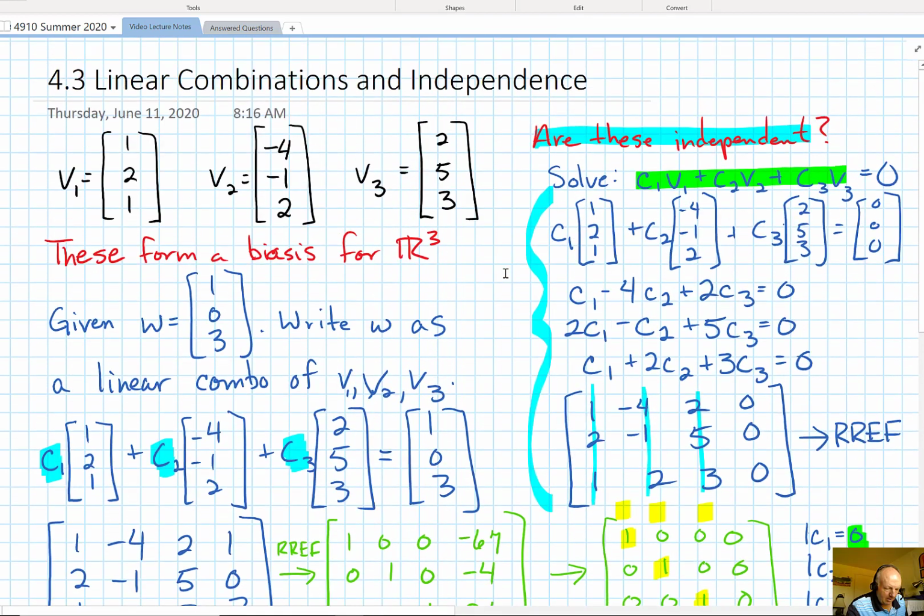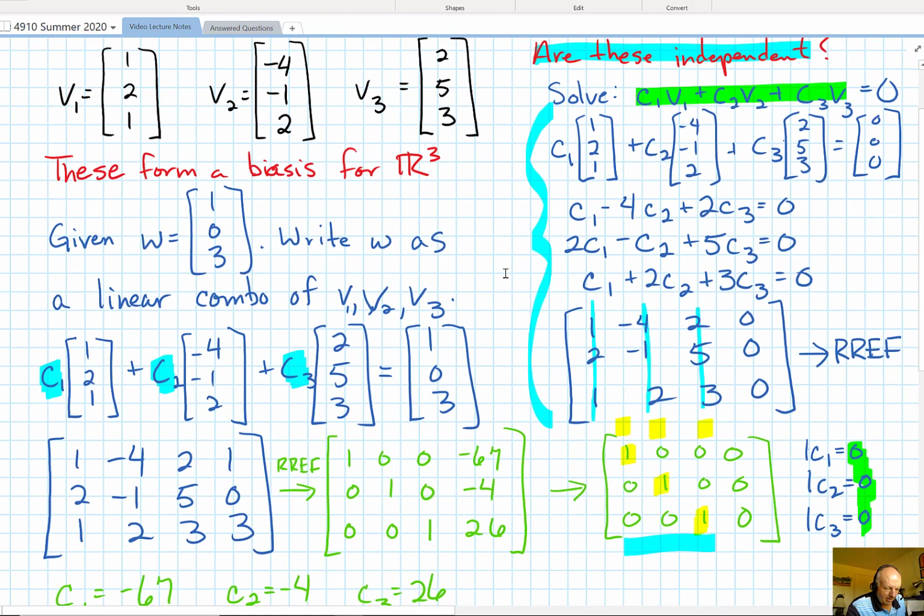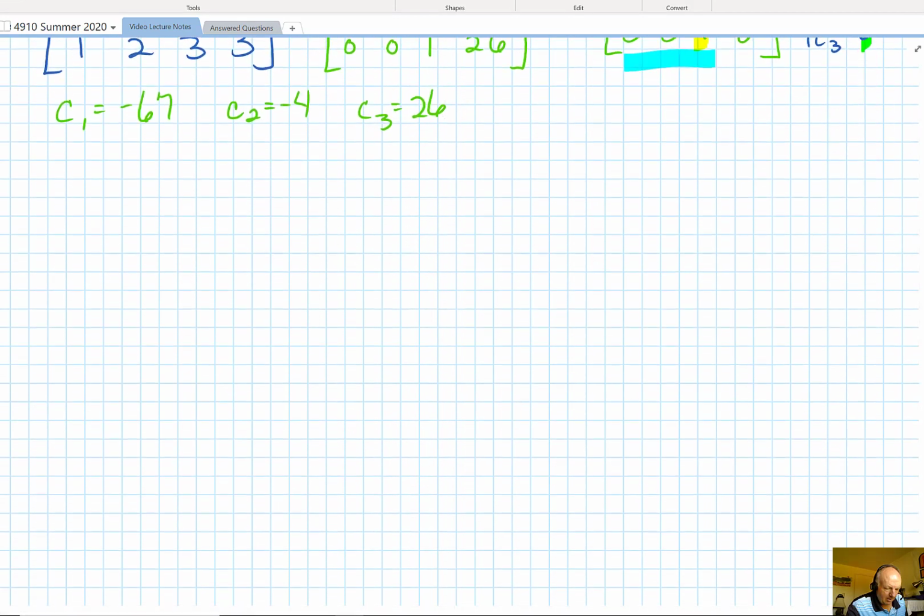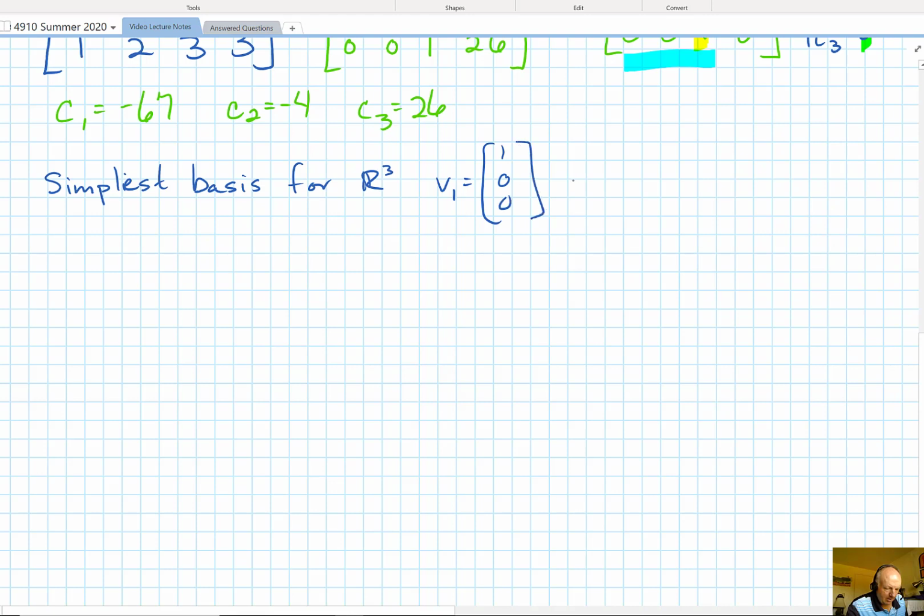Now, these aren't the simplest. There are lots of bases for R3. All right, the simplest basis is this. It would be something like this, right? 1, 0, 0, 0, 1, 0, and 0, 0, 1.